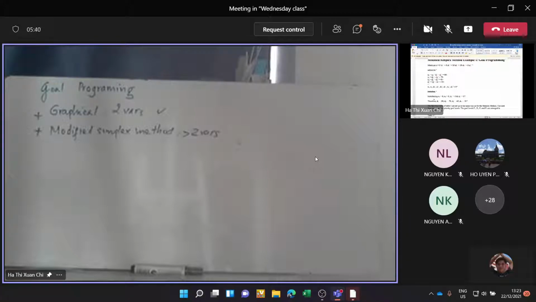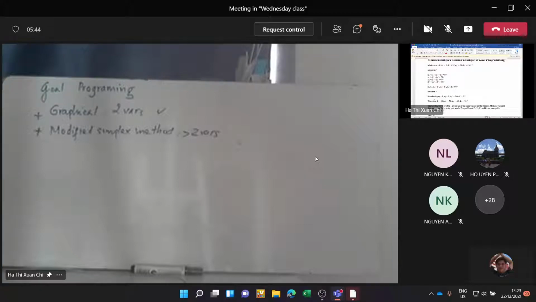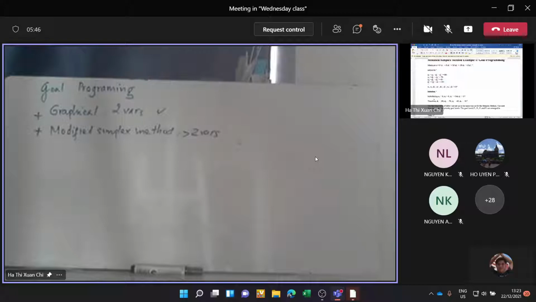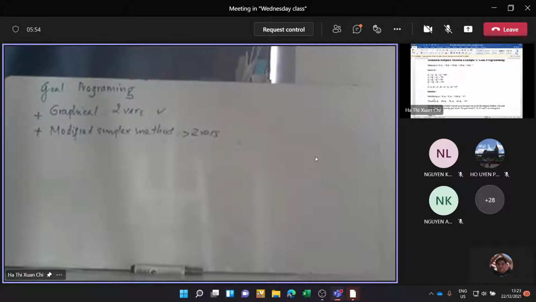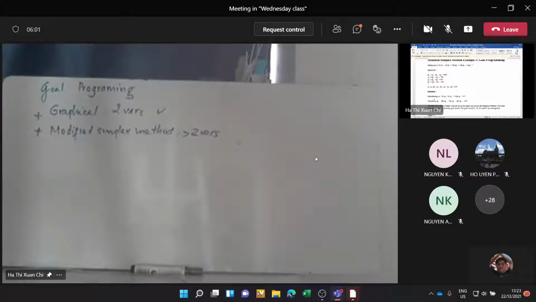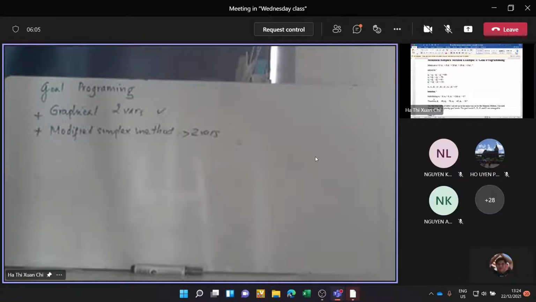Still remember simplex methods, everyone? Okay. Simplex methods is like, first of all, we should define initial solution. So simplex methods, that is the algorithm to find a solution, right?